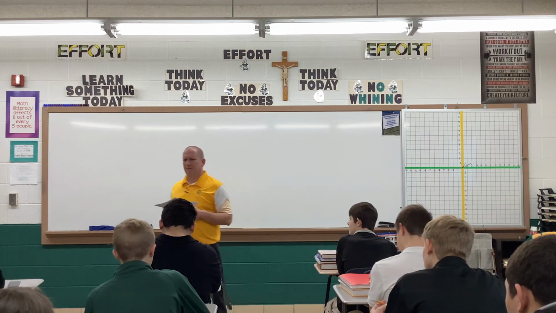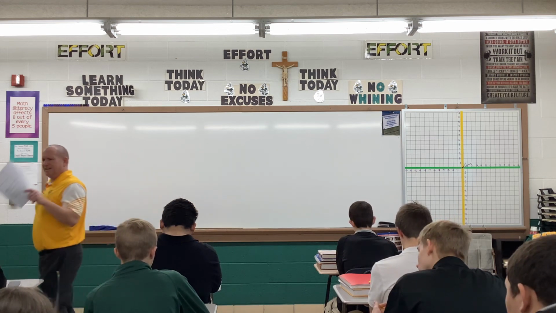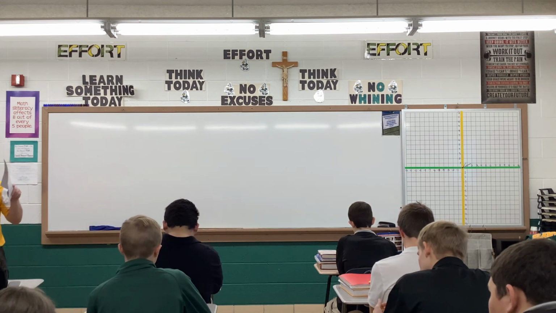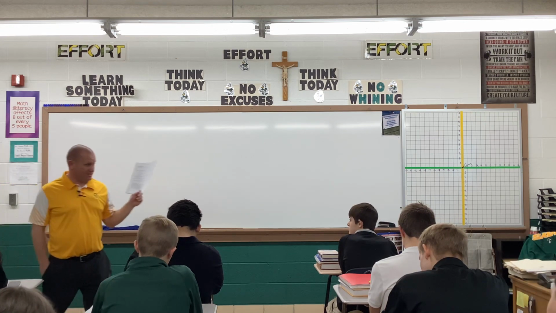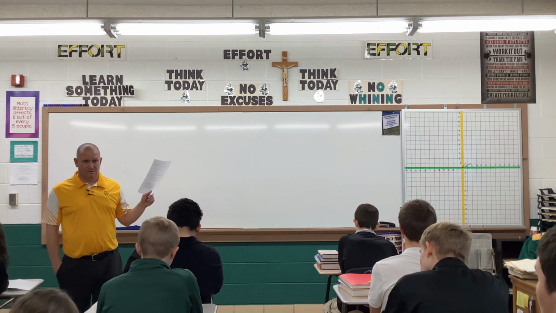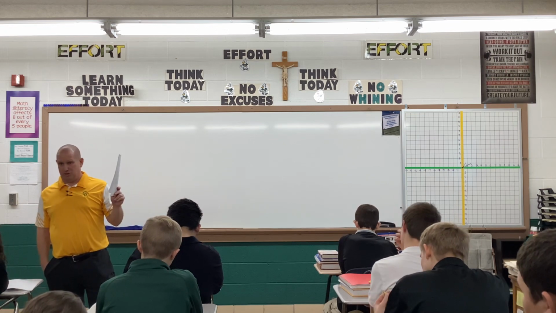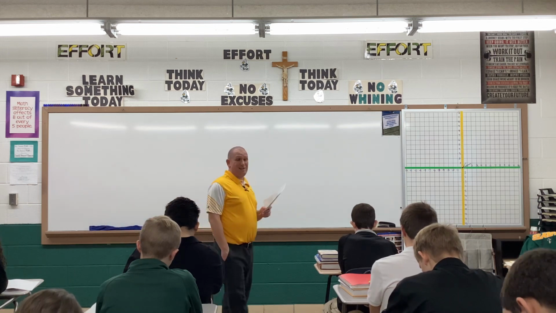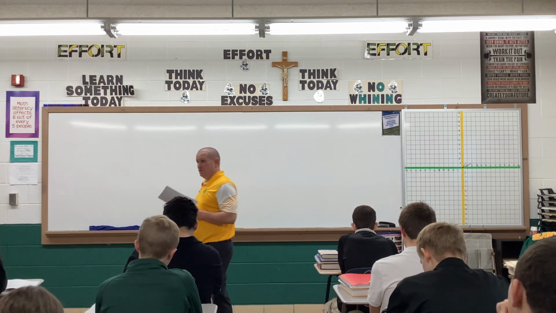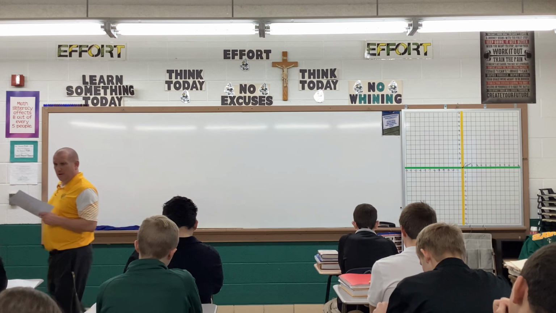Or some of you automatically put that it splits the side in half, meaning that you should add slashes. An altitude does not have to split the other side in half. It only has to make a 90-degree angle. And when I ask you to name it, make sure you name it the proper way.